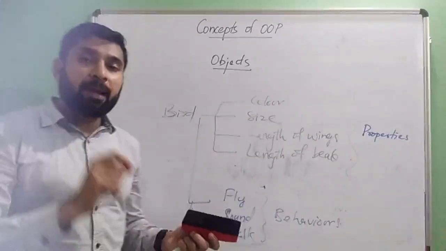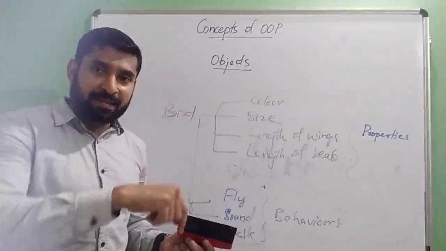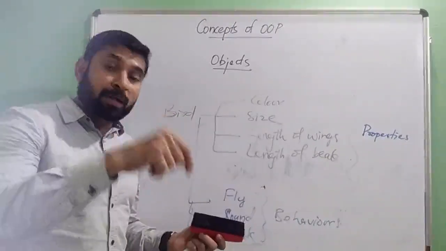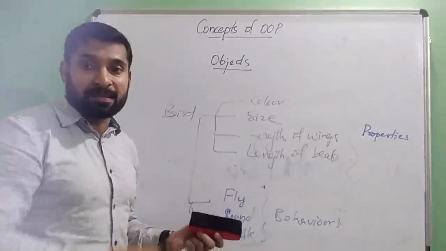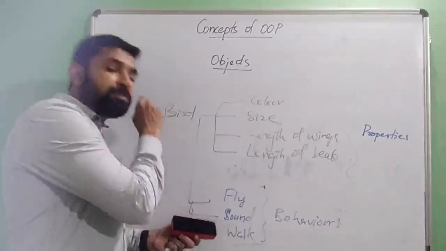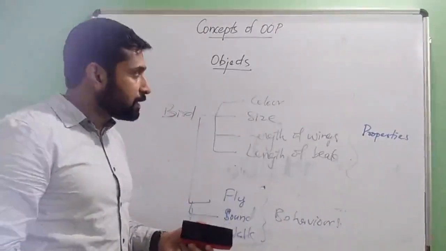Similarly, we have seen that in object-oriented programming, real-world modeling of objects is easy. So we can make objects similar to those of the real world.